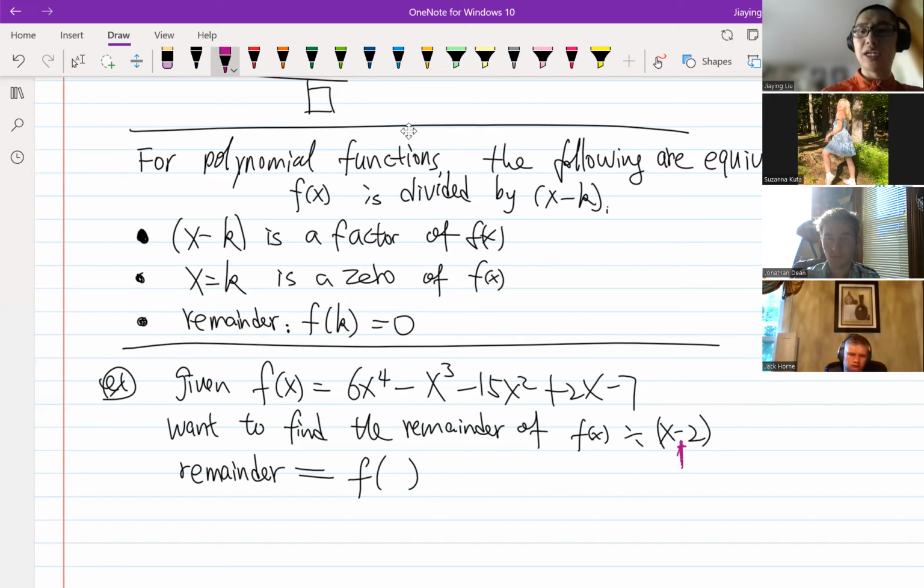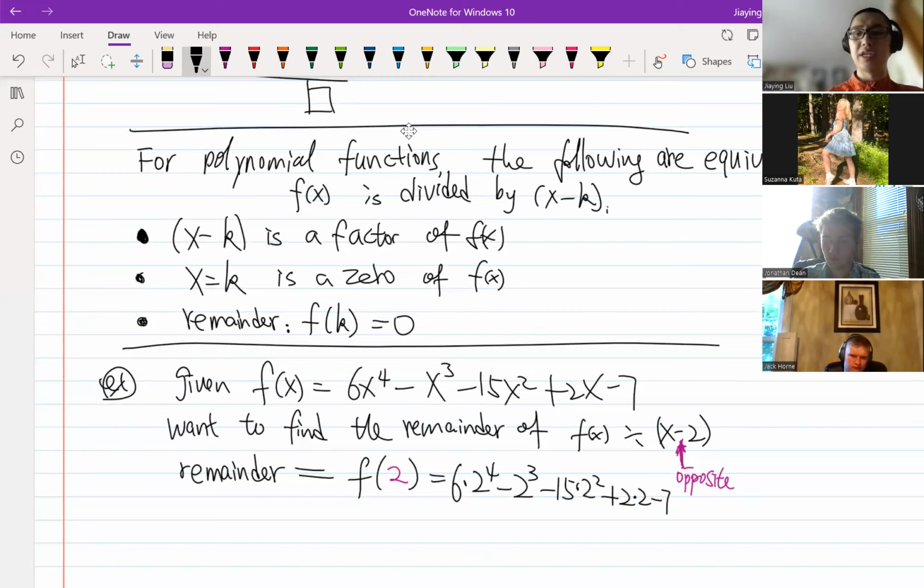It's kind of like the synthetic division is whatever's opposite from here. So we're going to take positive 2, put it into the function, and try to evaluate that expression. So that's going to be 6 times 2 to the 4th minus 2 cubed minus 15 times 2 squared plus 2 times 2 minus 7.